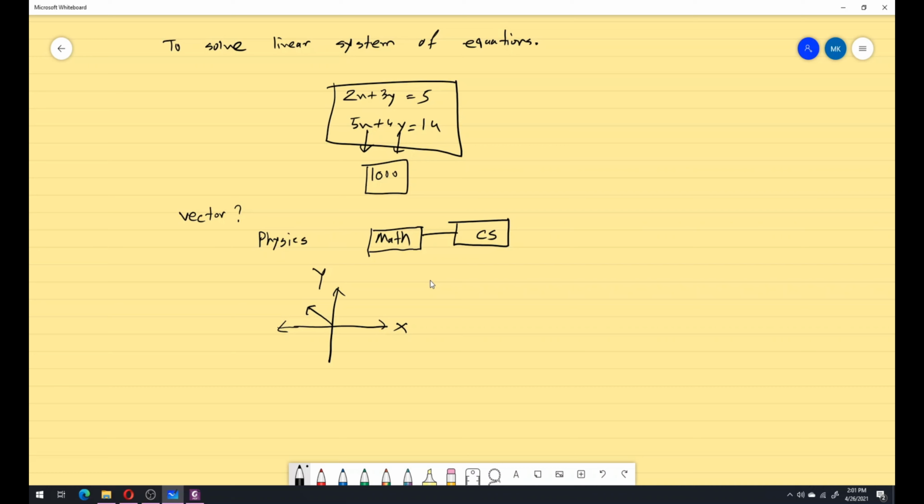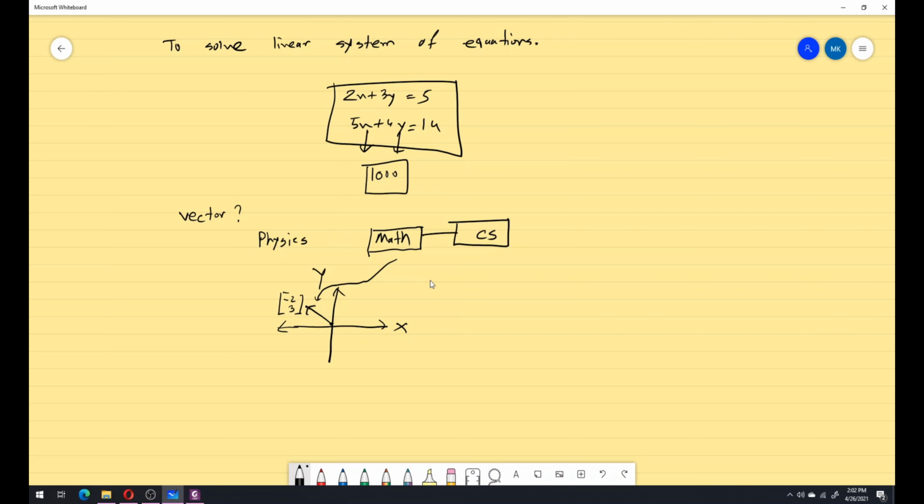This is an arrow, and as I said, it starts from the origin. From the math perspective, a pair of numbers gives you one vector. Let's say for this vector, that particular pair of numbers is minus 2, 3.